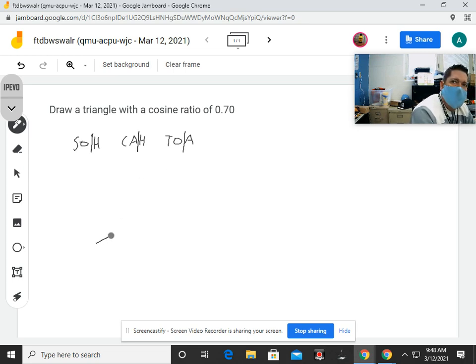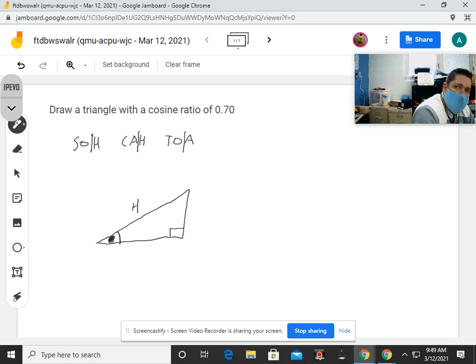Okay, what does the A mean in the middle one? Adjacent. So let's say we're working off this angle. You all know what the hypotenuse is. It's the O and the A that gets confusing sometimes.